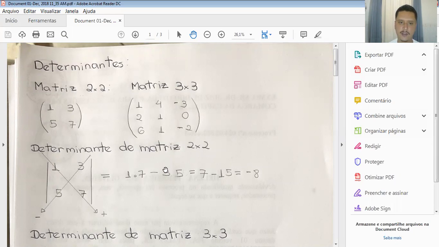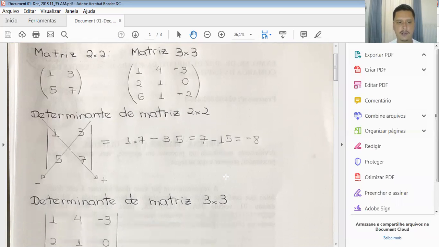Then you calculate the equation. 1 times 7 minus 3 times 5 equals 7 minus 15, which is minus 8.